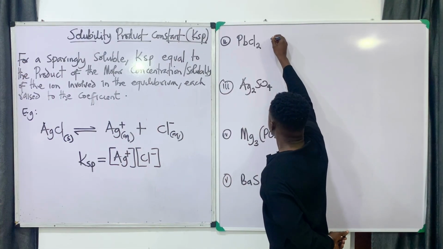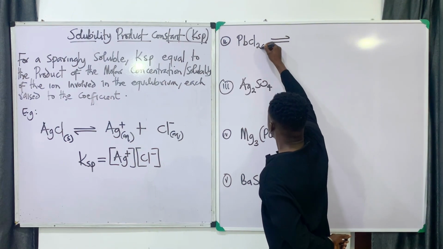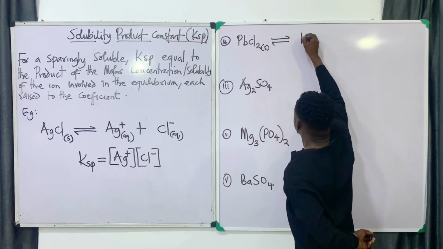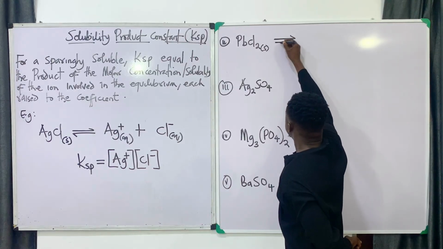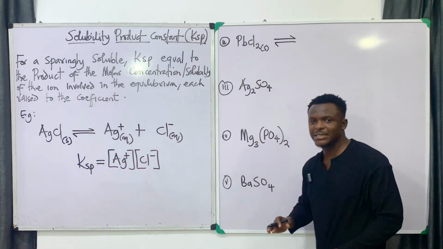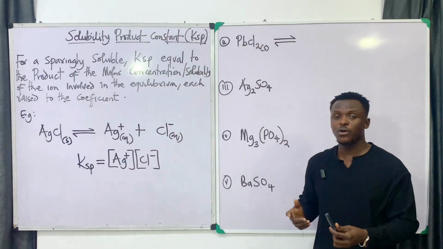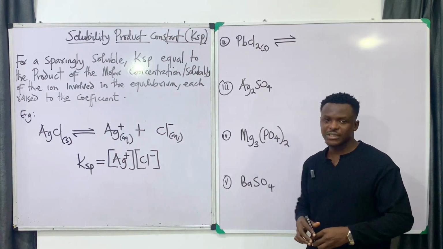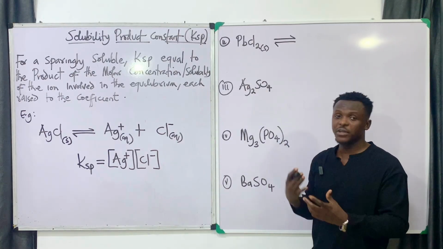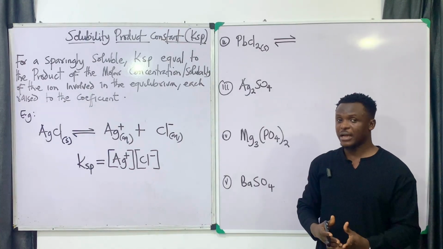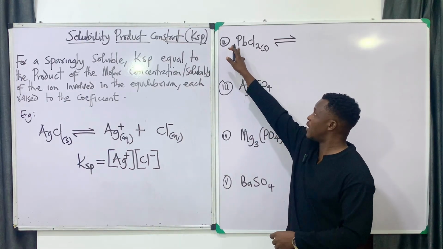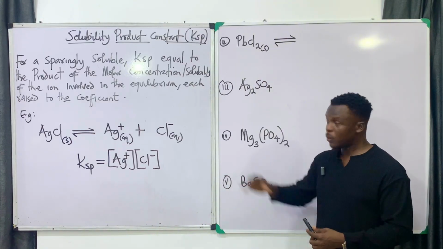So now let's look at this. This is a solid. When you write this, the first thing you do, let's start. I know a lot of us may not know the charges of the metals, so I'm going to help you out. The metal component is Pb, the one that is always written first.